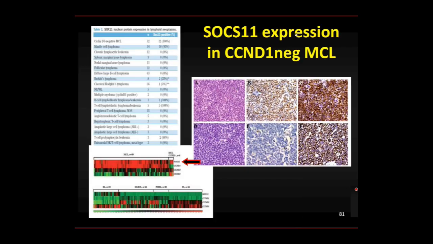On the other hand, you can use, in those cases, the expression of SOX11. SOX11 is in fact a gene quite consistently expressed in mantle cell lymphoma, even in the cyclin D1 negative. You can see more than 90% overall and 100% in this pivotal trial in cyclin D1 negative, while it's absolutely occasional in other B-cell lymphoma.